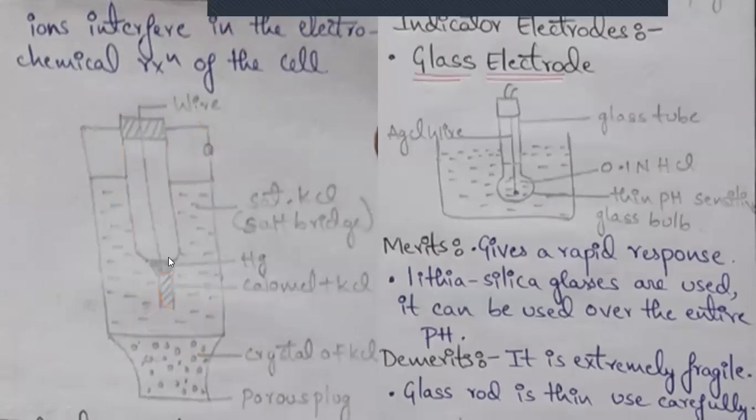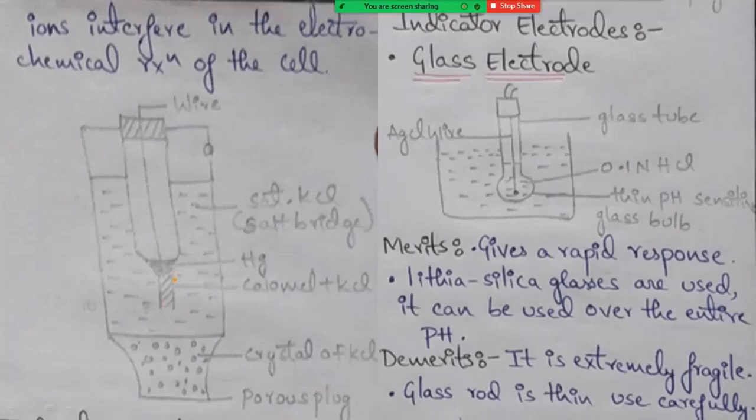In the inner jacket, at the bottom, we have calomel saturated with potassium chloride. Here we are forming a pasty substance with calomel and potassium chloride, and we place it at the bottom of the electrode. This is the actual electrode that we place inside the sleeve, right?